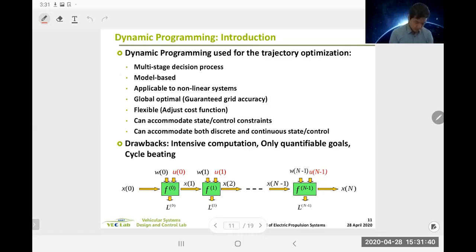It's a model-based approach. It's applicable to nonlinear, non-convex problems. It can handle state and control constraints. It's quite flexible, global optimal, and so forth. But the drawback is that it's very computationally heavy, okay?